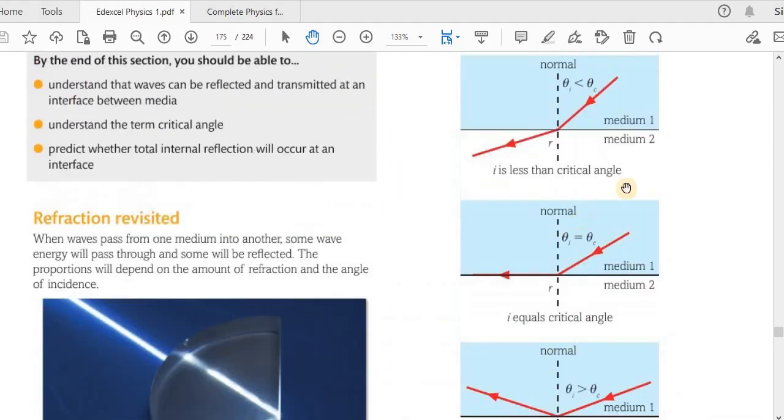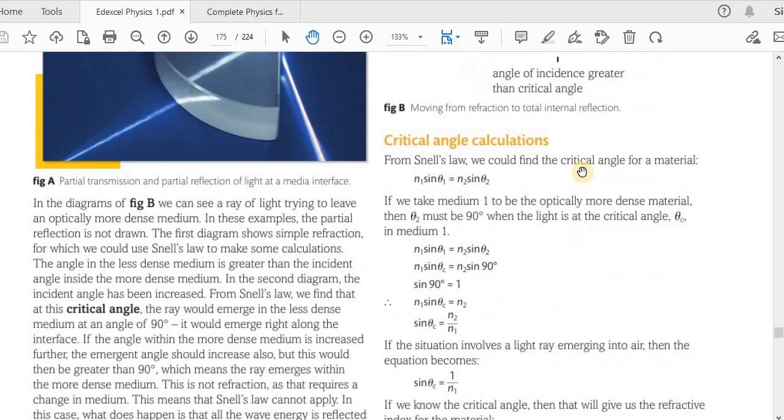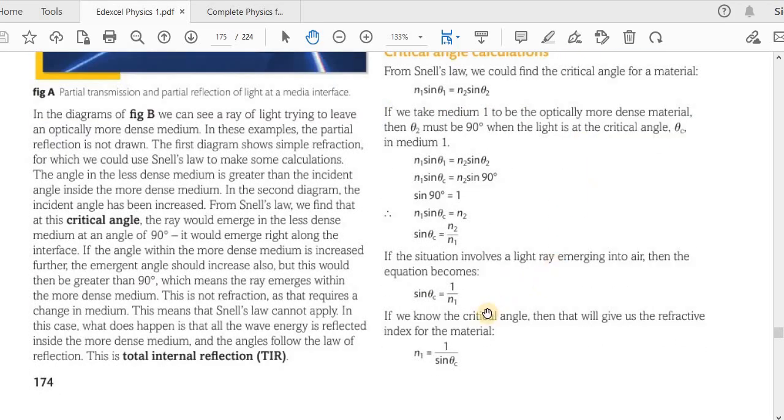Now let's say the second medium is air, then the refractive index is 1. For air, the refractive index is 1. If the situation involves a light ray emerging into air, then the equation becomes this, because the refractive index of air is 1, so n2 is 1. If we know the critical angle, then that will give us the refractive index for the material.